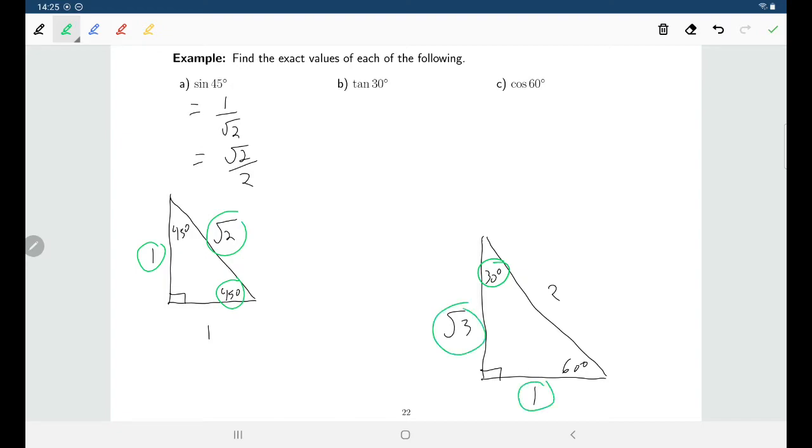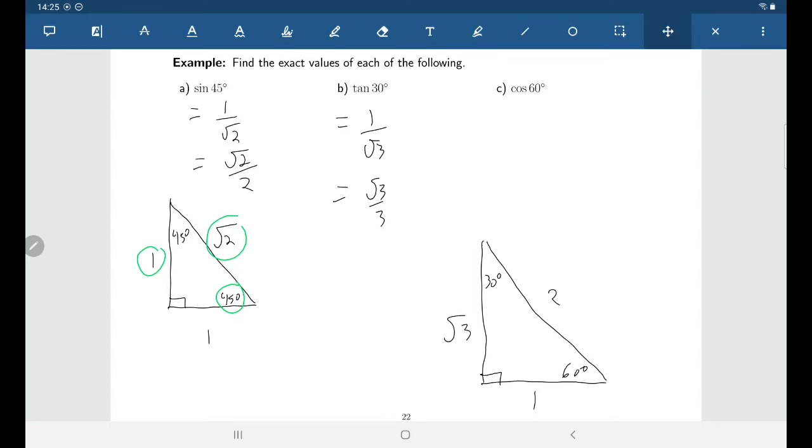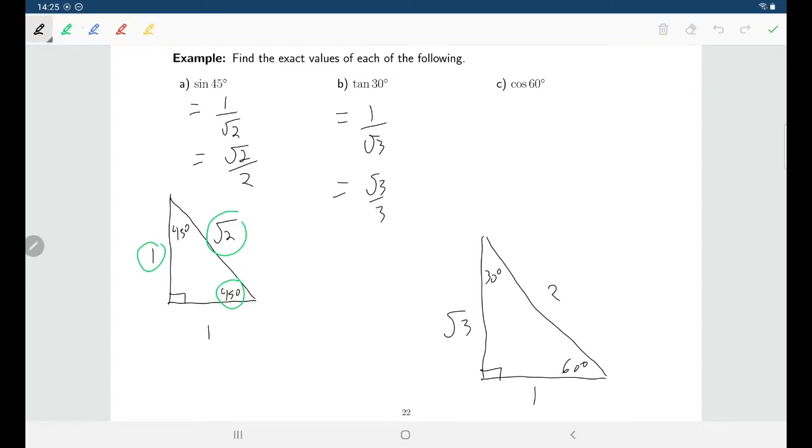So tangent of 30 should be opposite, which is 1, over adjacent, which is root 3, or in simplest terms, root 3 over 3. If we want cosine of 60, cosine of 60 is the adjacent side, which measures 1, over the hypotenuse, which measures 2. So cosine of 60 degrees should be 1/2.